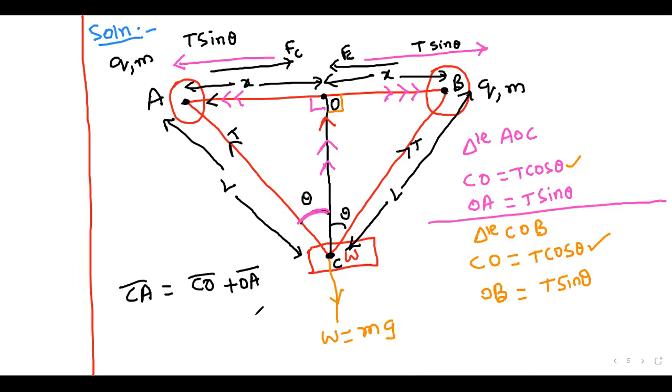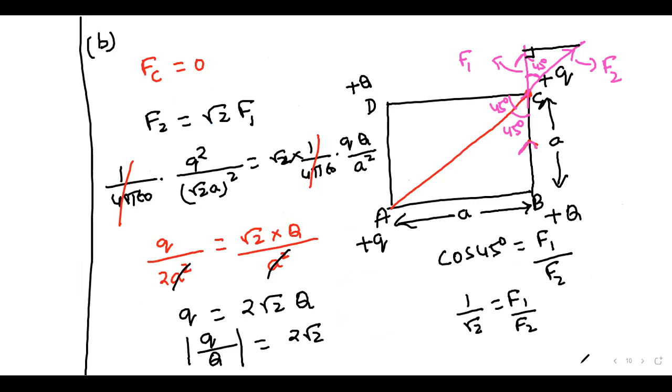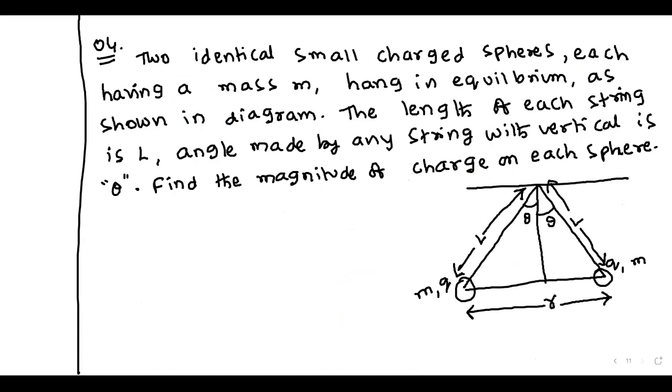Here the separation distance between the two balloons is 2x, but here they gave it as r. Now see here, it is same as before. In the solution part, see the solution.